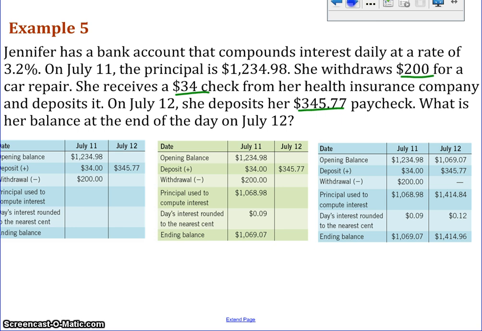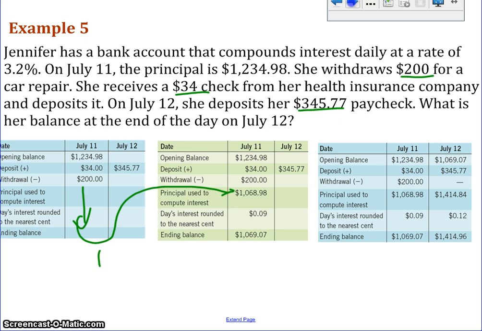So we're really just going to walk through the process of how this ledger works with a bank. On July 11th, it looks like she deposited a check and took a withdrawal. And when she did that, she ended up with $1,068.98. She earns interest on here of 3.2%.